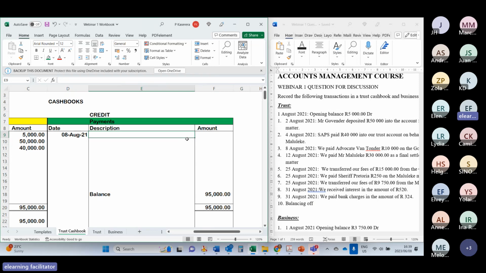So to SARS, you will have to explain, no, this was not my money, it was money for a client, you see. So it's always wise to pay these huge amounts that belong to clients from trust. Remember we say we pay to and on behalf of a client. So with an advocate, we are paying on behalf of the client.